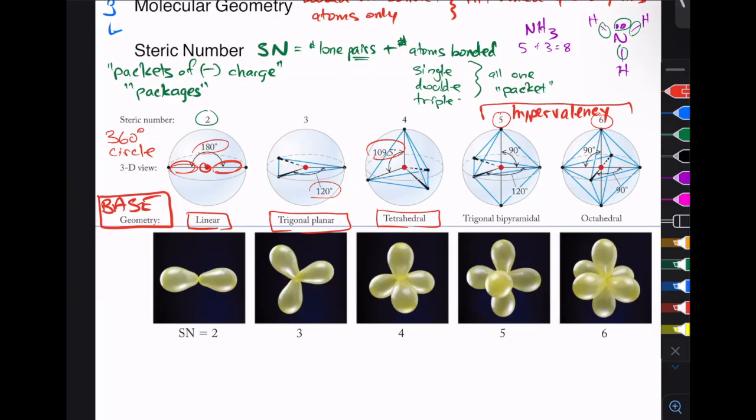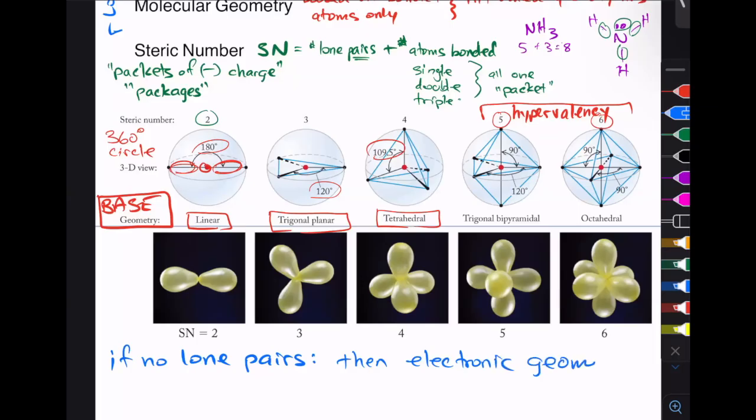Everything's equal. This is what we start with. And if there's no lone pairs, then the electronic geometry will be the same as the molecular geometry.